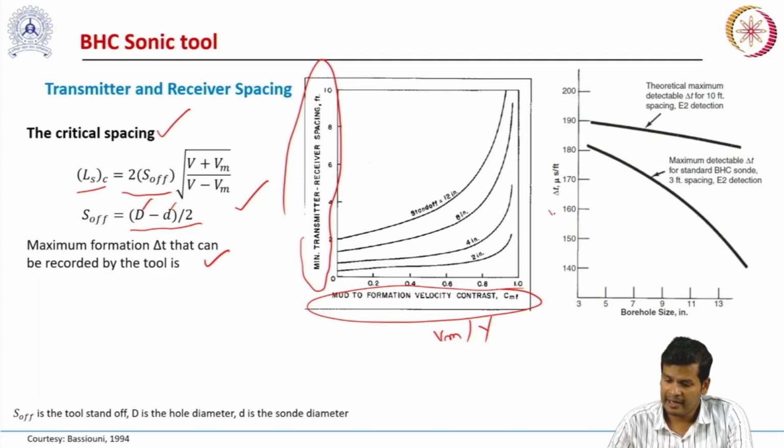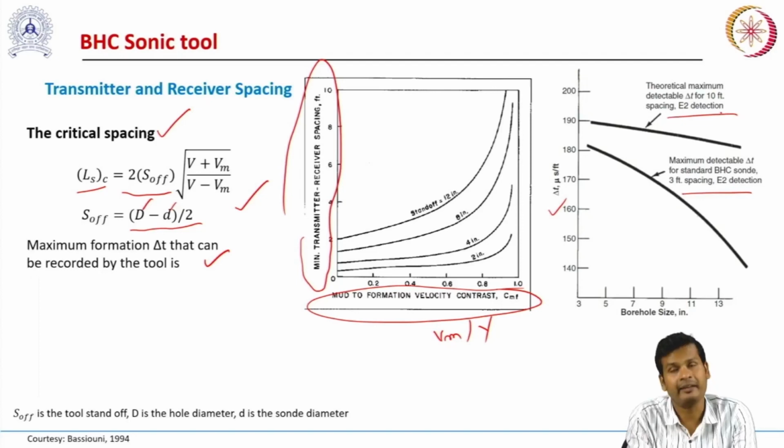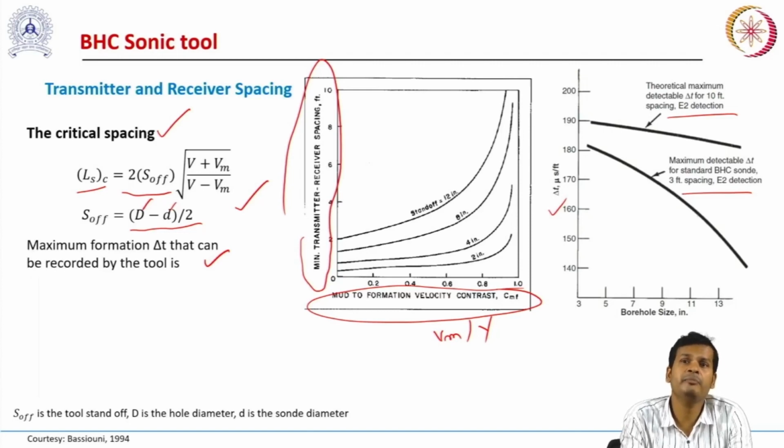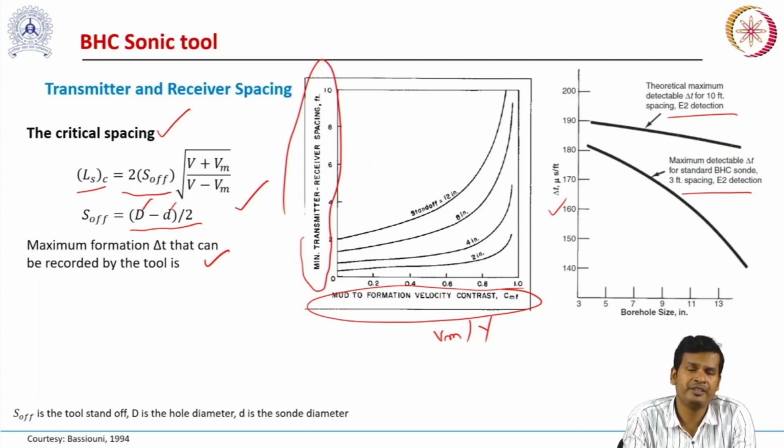Again, this is another graph where you can see, for different borehole sizes, the maximum travel time that can be measured by the tool for different spacings. So depending upon the tool spacing, we can identify how much delta t can be measured, or in what wellbore condition the tool will be able to give us the formation travel time.